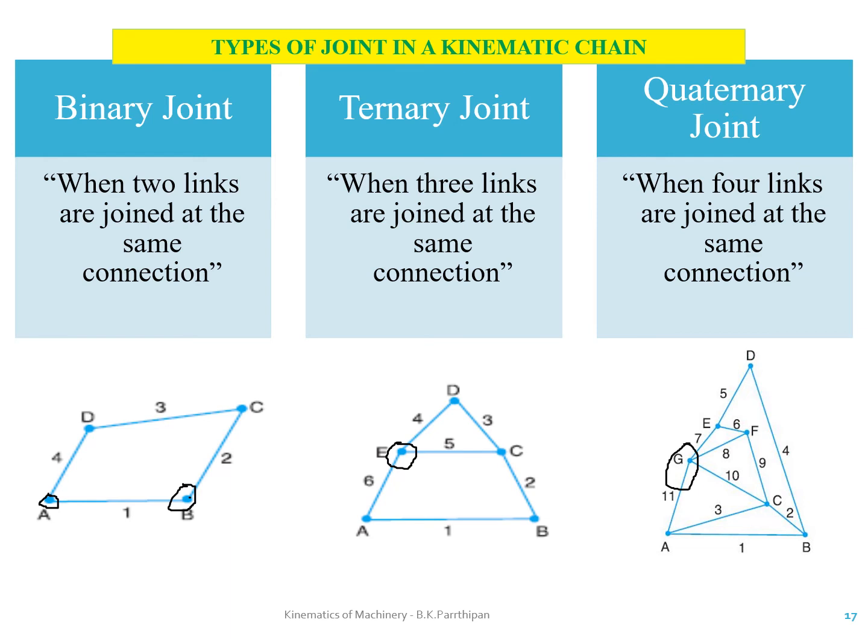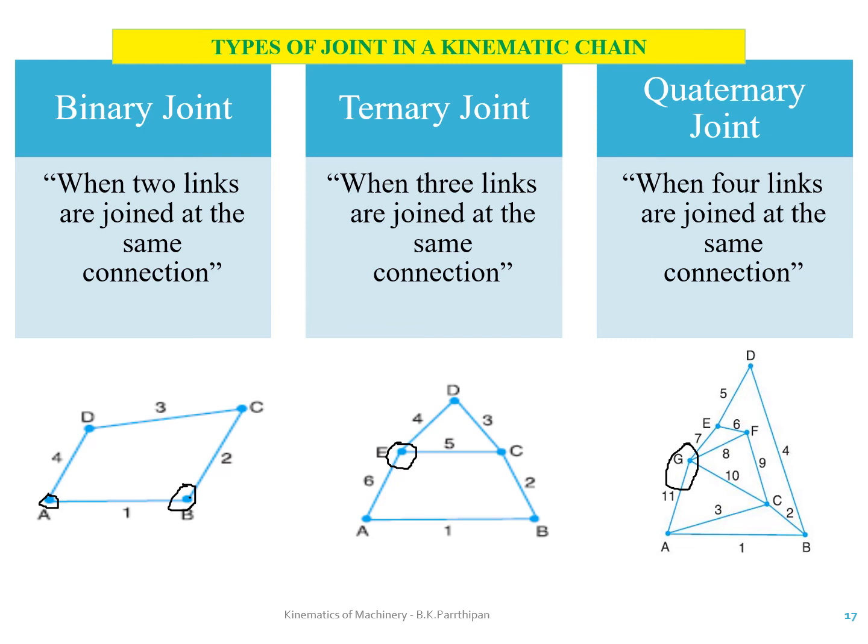So based on how many links are connected at a point, it is classified as a binary, ternary or quaternary joint. Keep in mind, one ternary joint is equal to 2 binary joints and one quaternary joint is equal to 3 binary joints.